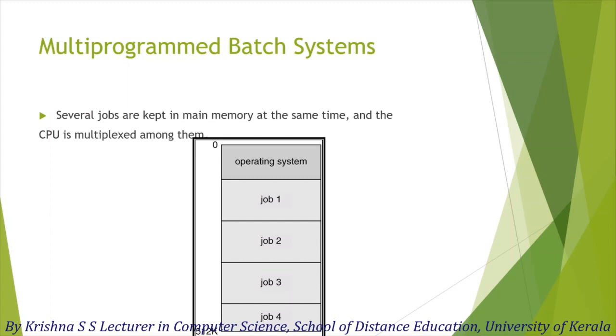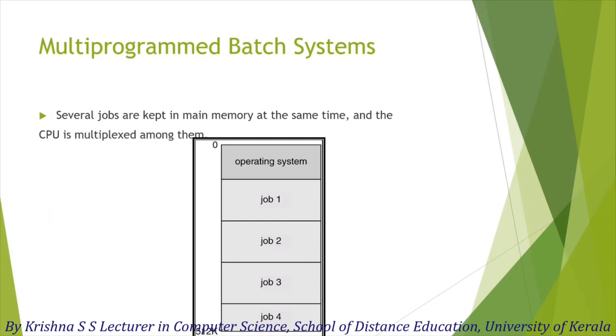When the execution gets completed, that job should be swapped out from the main memory to the job pool, and the next prioritized programs or tasks should be allotted to the main memory. This is the responsibility of the operating system, or this is job scheduling.